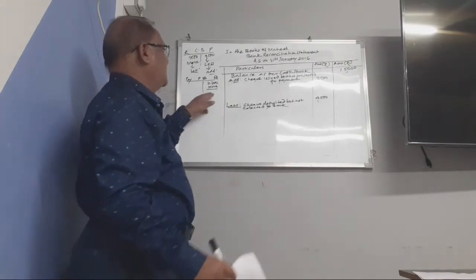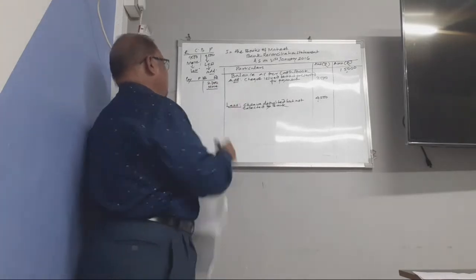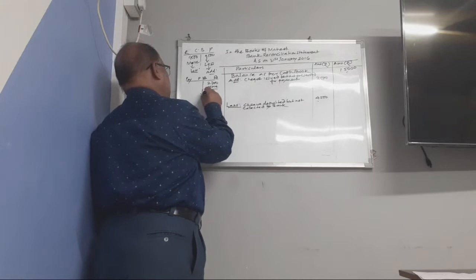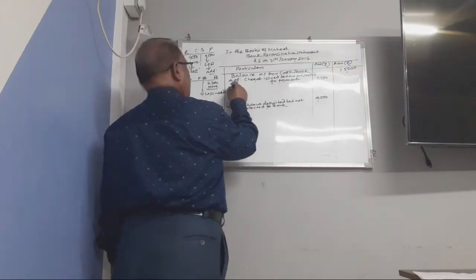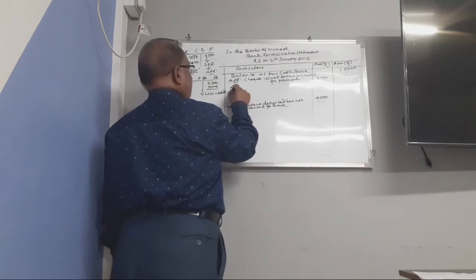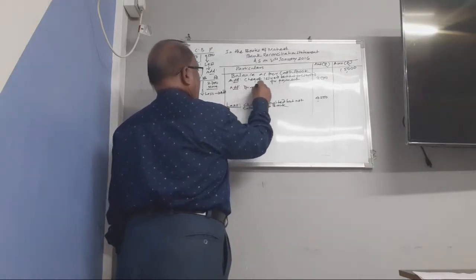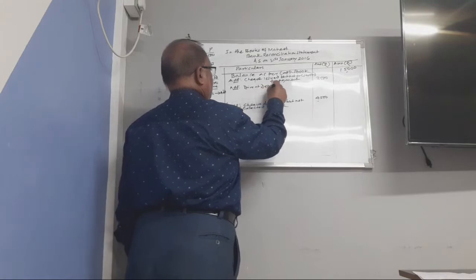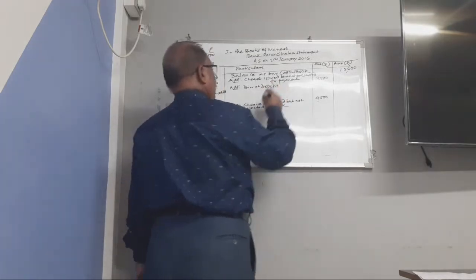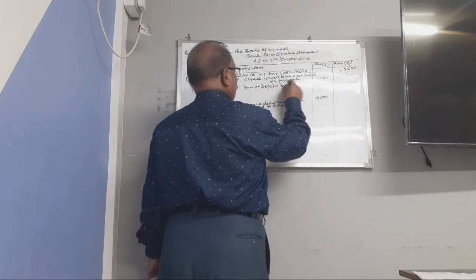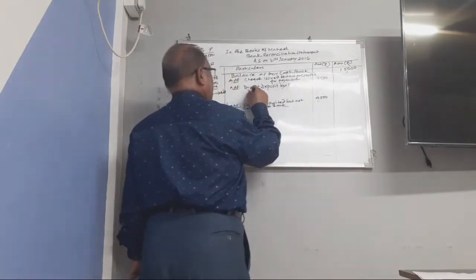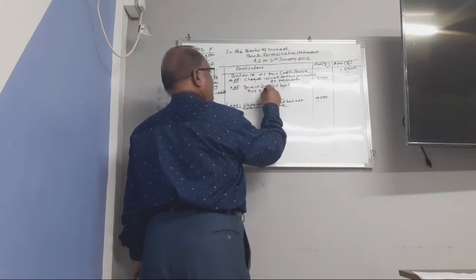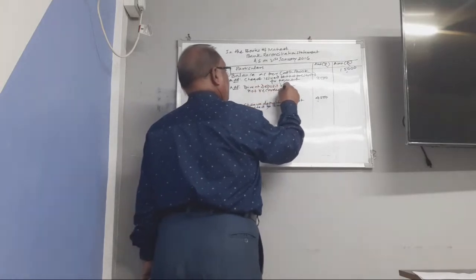But we don't want the passbook, we want the cash book. The cash book shows less balance, and less means we have to add it here. So add: direct deposit by a customer not recorded in the cash book.